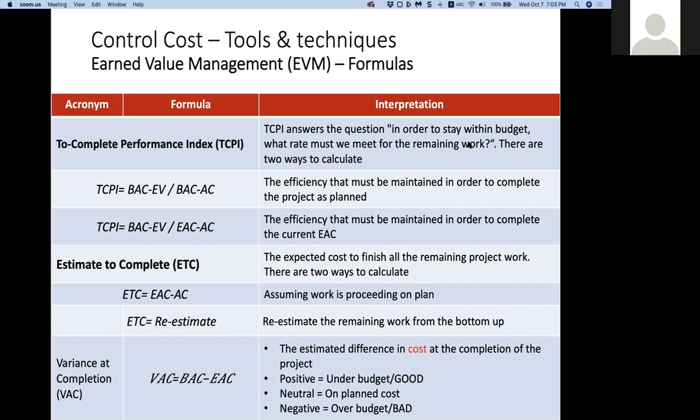In order to stay within the budget, what rate must we meet for the remaining of the work?